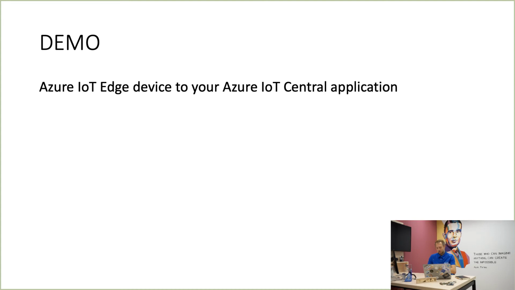During this demo we will create a device template for the IoT Edge device, create the IoT Edge device and connect it to IoT Central, and after that we will deploy and simulate our telemetry, just to see this information in IoT Central. So let's do it.